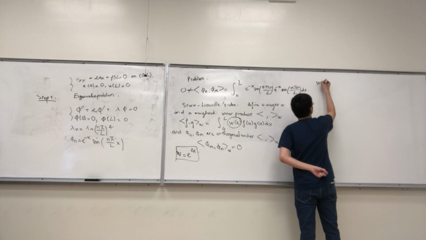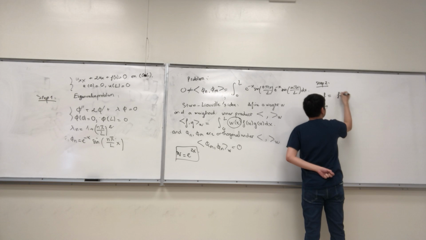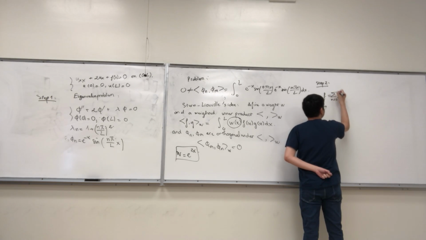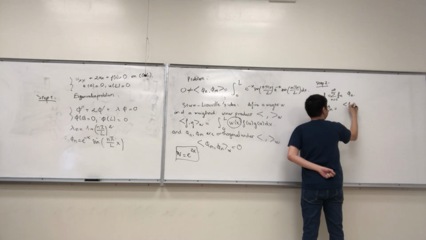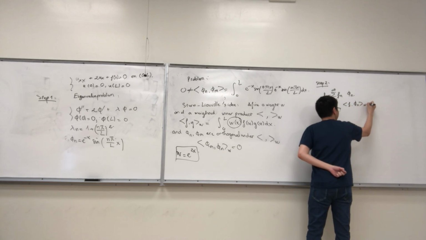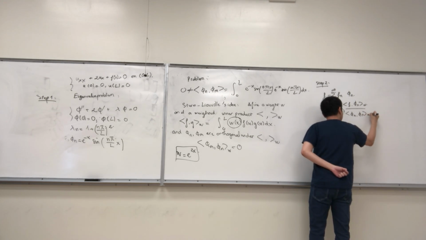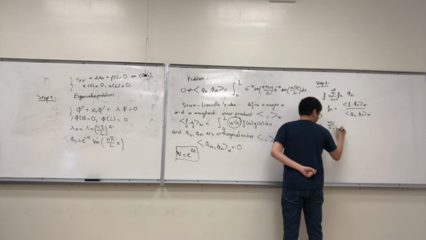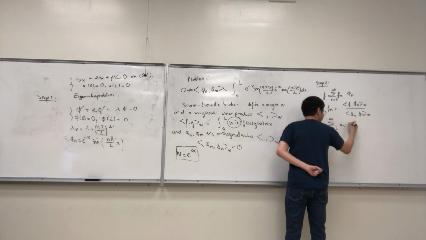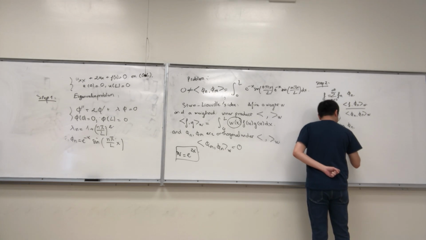So after that, step number 2, you expand f as the sum, when n goes from 1 to infinity, of f_n phi_n, and f_n will be the inner product of f and phi_n in the new inner product, divided by the inner product of phi_n with itself in the new inner product. Then u will be the sum, when n goes from 1 to infinity, of u_n phi_n, in which u_n is f_n divided by lambda_n.